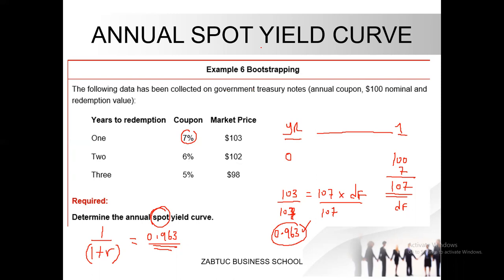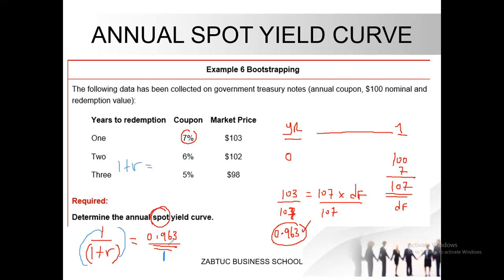Some of you may say, Mr. Perry, we have forgotten how to invert. Yeah, you turn this down, and this one goes on top. Again, remember there's a 1 here, so you turn it again. So what do we find now? If I turn this one, I have 1 plus R.